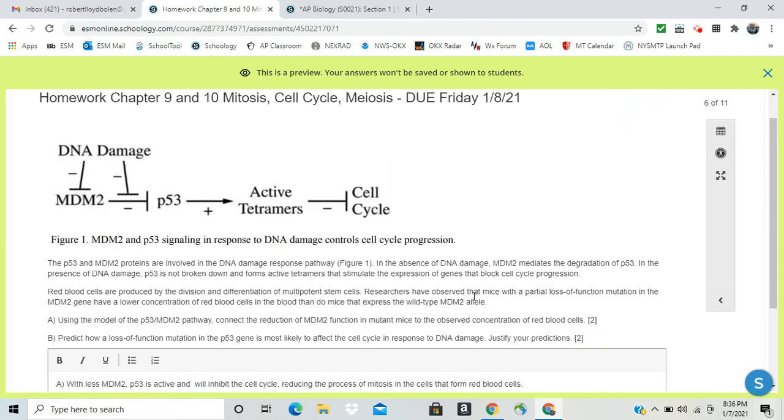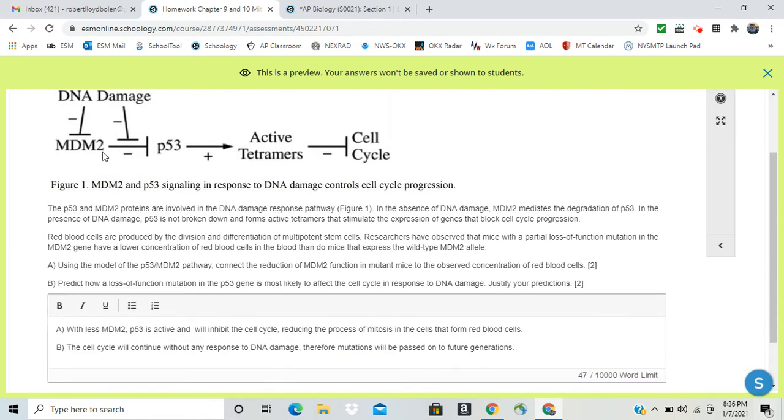Let's go to 6. This one I explained a little earlier. So this MDM2 normally inhibits P53, and it prevents the production of active tetramers, which shut down the cell cycle. So if MDM2 is not there, that means P53 does not get inhibited.